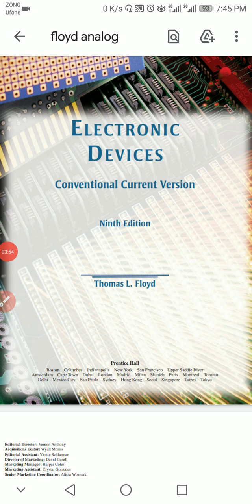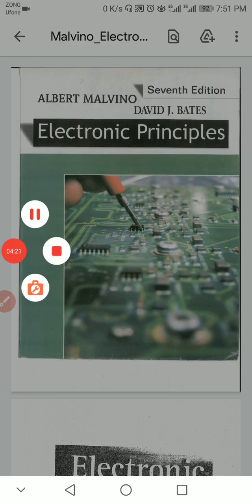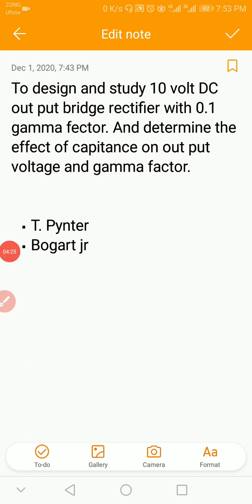Helping books for this experiment are Electronic Devices by Thomas L. Floyd, Electronic Circuits and Systems by J.D. Ryder and Charles M. Thompson, and Electronic Principles by Albert Malvino or David J. Bates, known as Malvino's Electronics for Engineers, and the Electronics book by T. Painter, and the last one is the book by Bogart Jr. These last two books are for circuitry.